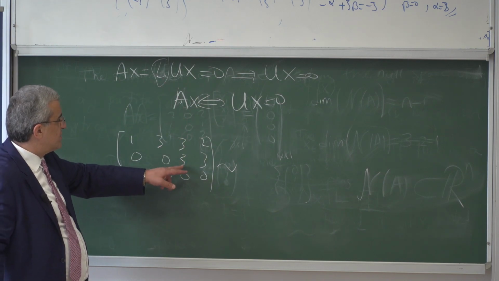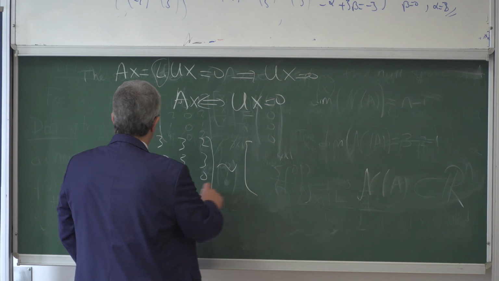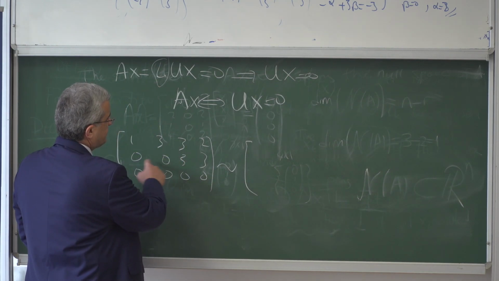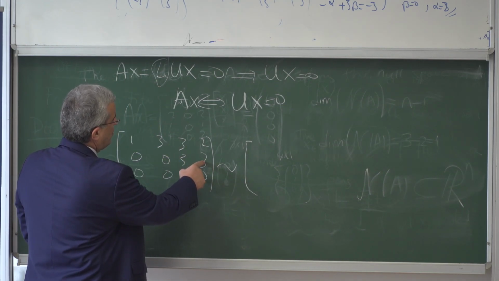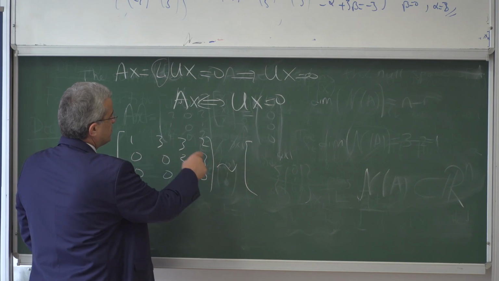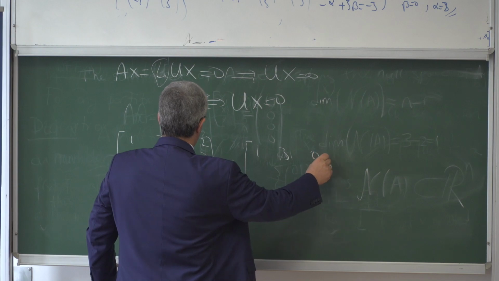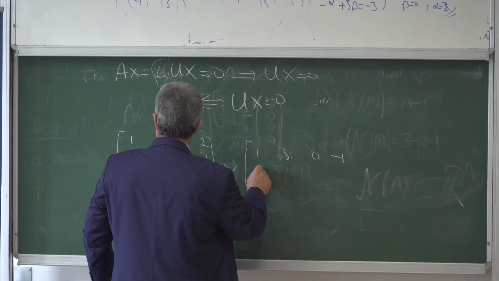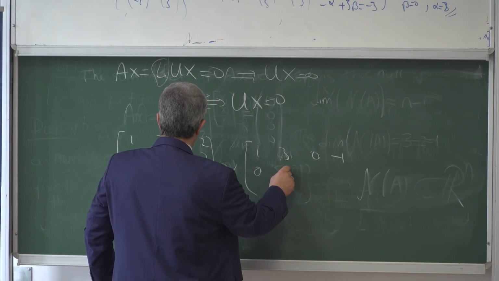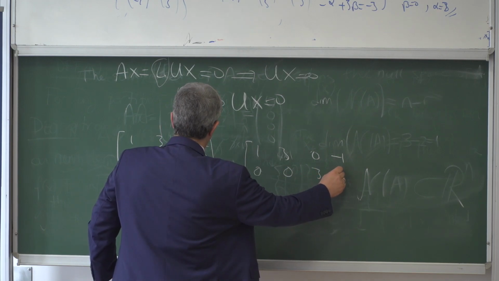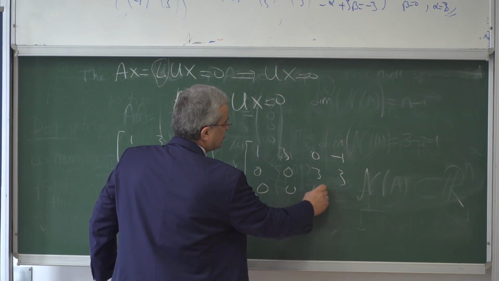For example, we can just continue this one and say that I subtract this row from this row, and what would I obtain? 1, 3, 0, minus 1, 0, 0, 3, 3, 0, 0, 0, 0.